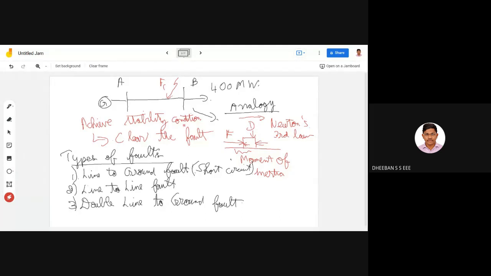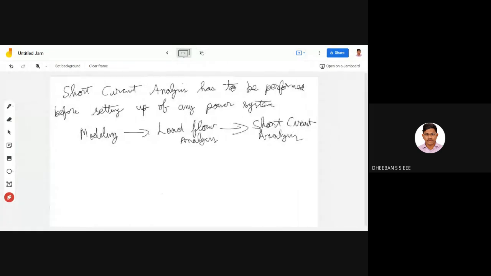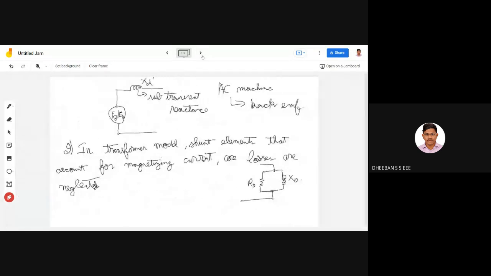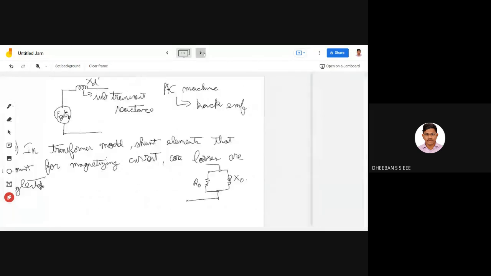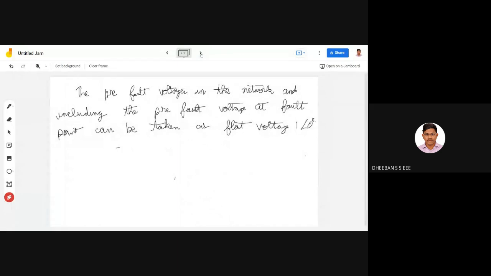This is one of the assumptions. Before introducing the fault, the bus nearby the fault has to be considered at a flat voltage profile, that is 1 per unit at an angle of 0 degree.